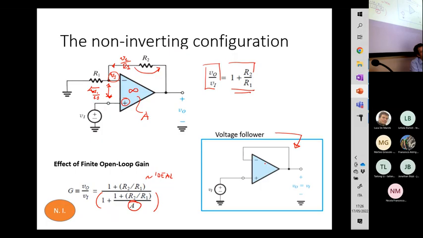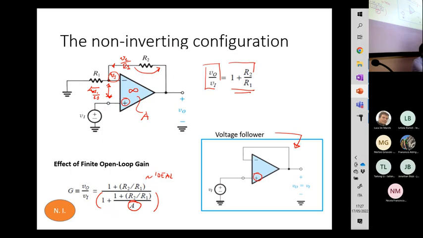In this configuration, you see Vi again is connected to the positive input, but R2 is equal to 0, while R1 is equal to infinity. Okay, so basically this term here is null.